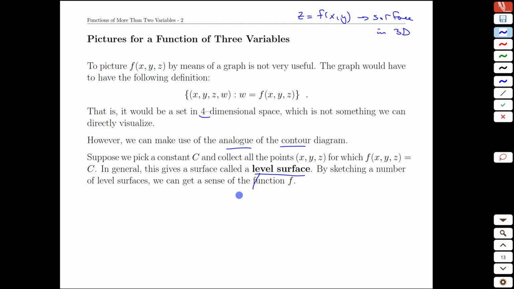Level, again, meaning the same function value, same temperature, if we're sticking with that analogy. And so that's what's level about it. But the key thing is we get a surface with that. Like with contour diagrams, if we sketch a number of these level surfaces, then we can get some kind of sense about the function and its values.